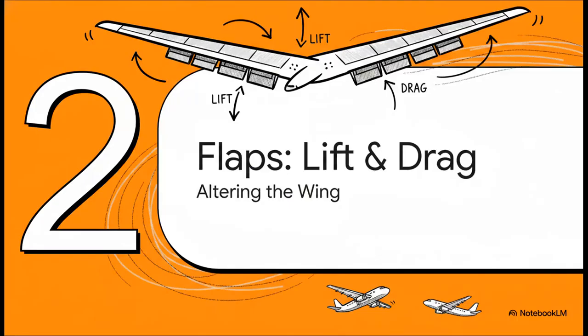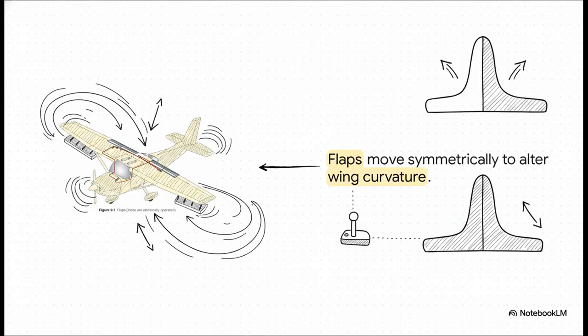Moving on to Section 2, flaps, lift, and drag. Let's transition our focus directly out to the wings, specifically to those flaps, which are absolutely critical for safe takeoffs and landings. Mechanically speaking, the flaps are attached to the inboard trailing edge of each wing, and when you operate the flap lever in the cockpit, these panels move symmetrically downward.